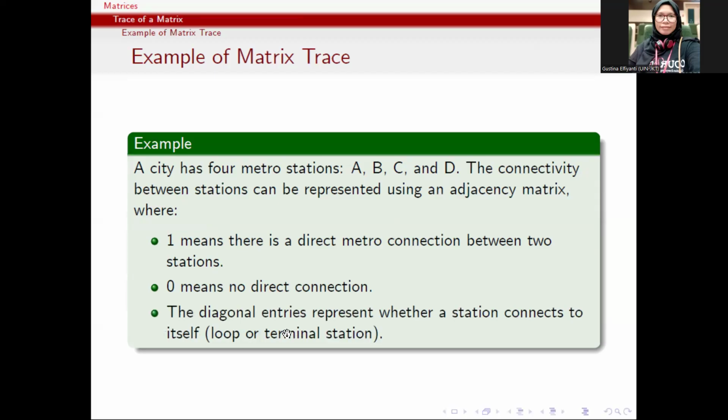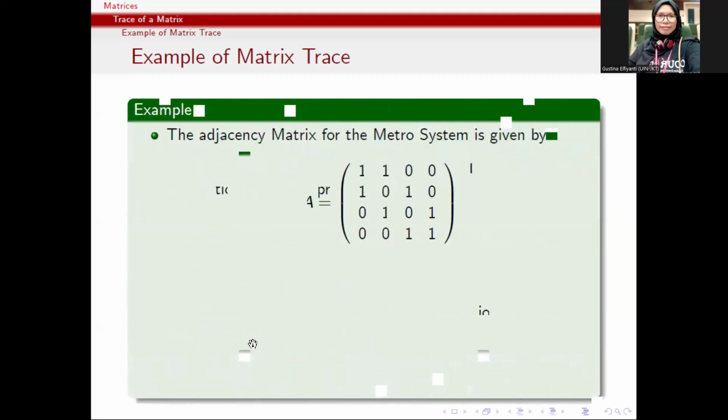And the diagonal entries represent whether a station connects to itself, a loop, or a terminal station. Let's say the adjacency matrix for the metro system is given by matrix A, this one.